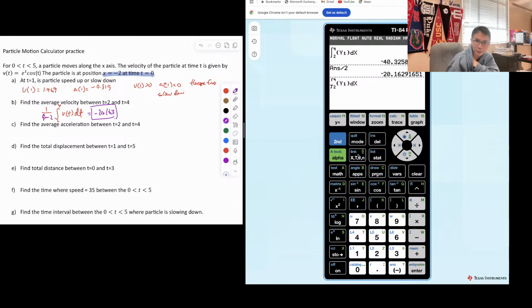Some people say I want to do it like this: 1 over 4 minus 2. You don't have to do this, but you're going to get the same answer. I'm going to show it to you. They have the same answer, but some calculators don't have a fraction button.